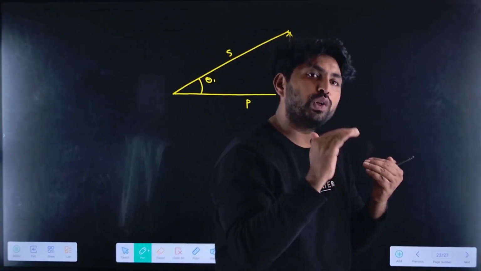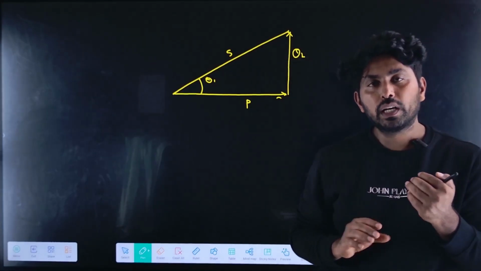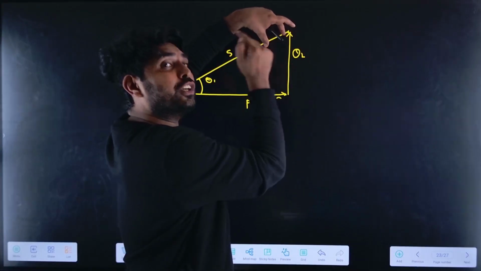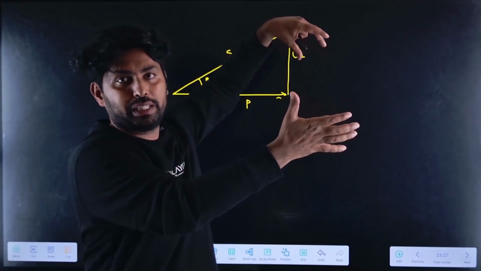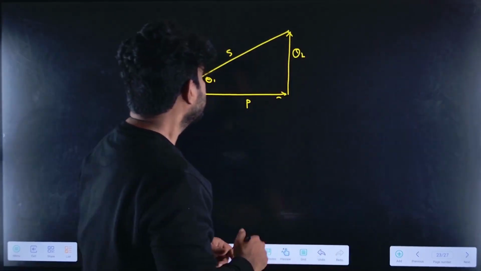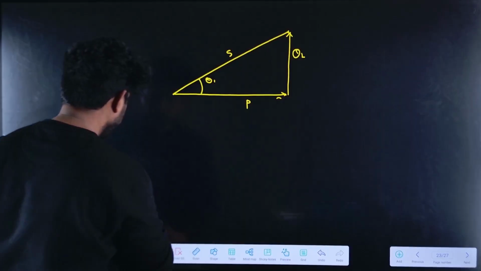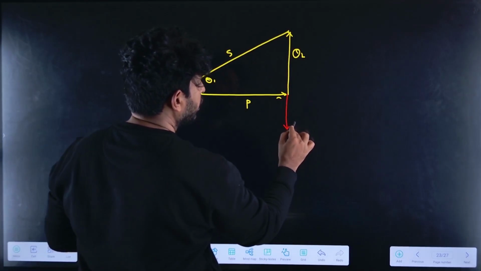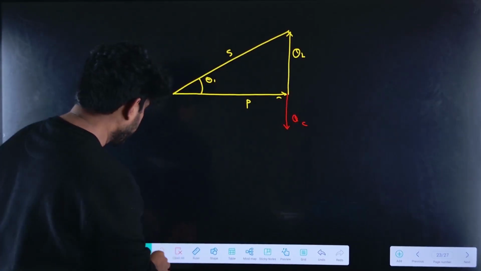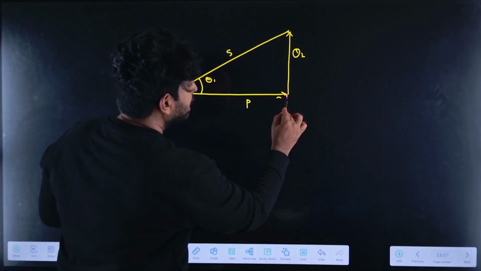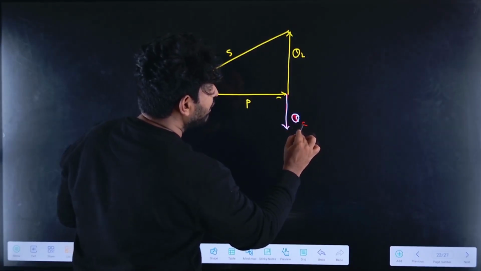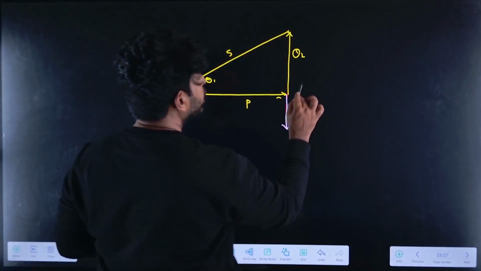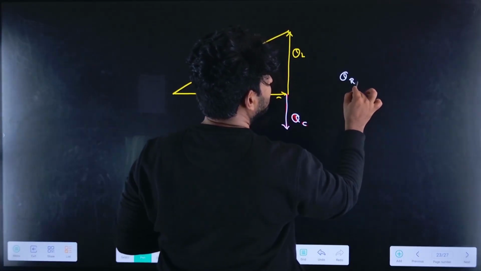Now we just want to improve the power factor. For that, what we need to do? We need to compensate the inductive reactive power by connecting a capacitor to it. Now if I connect the capacitor having the value QC, what happens?